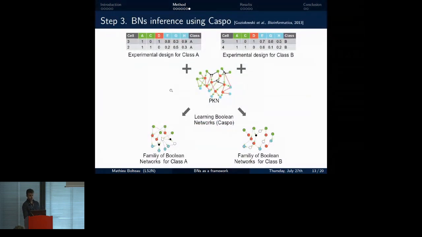To finish, the last step concerns the inference of Boolean networks using Caspo. The idea is to combine the experimental design and the PKN seen previously to infer some families of Boolean networks, and each family is specific to each class. Our Boolean networks are both compatible with the topology of the PKN and the expression present in the experimental design.